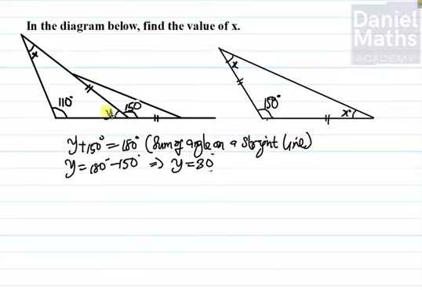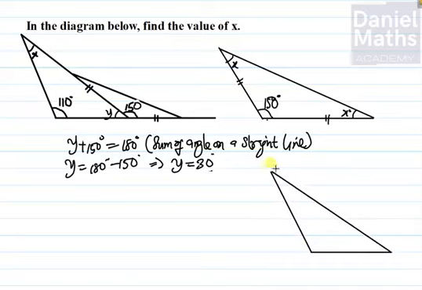Now if y is 30 degrees, of course we should know that the sum of angles in a triangle is 180. So we'll have this point, this point, and then this point. Here is what we're looking for: we're looking for x here.